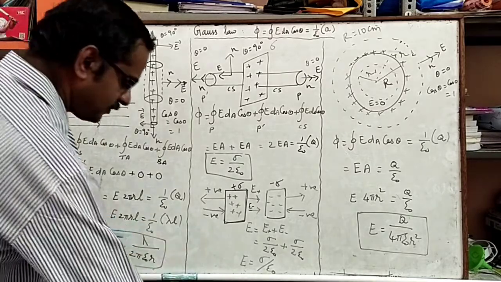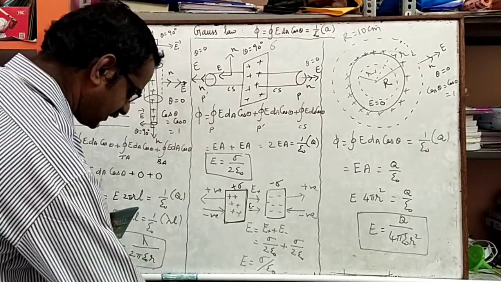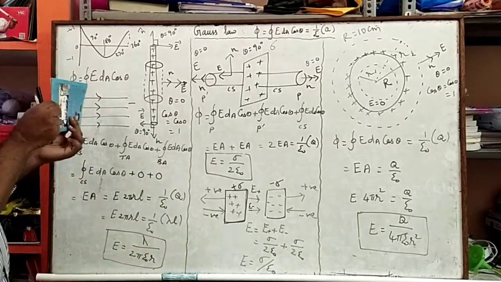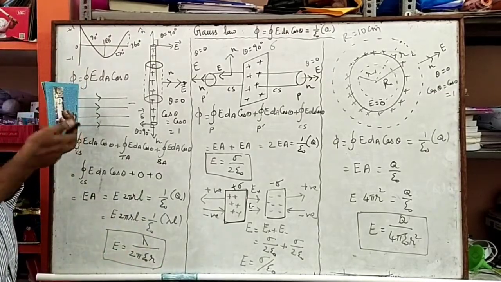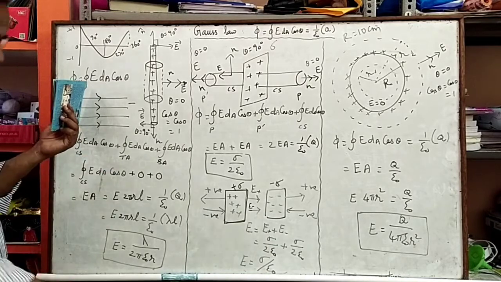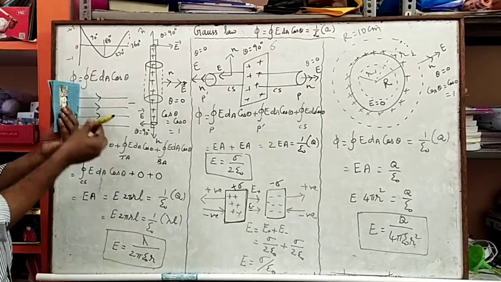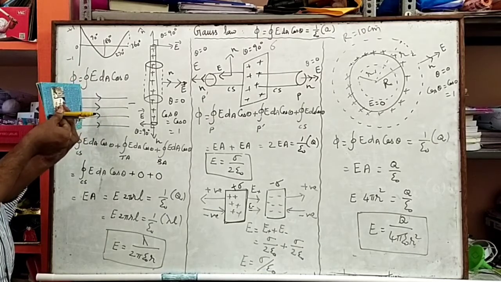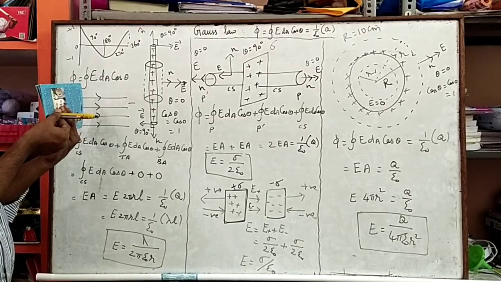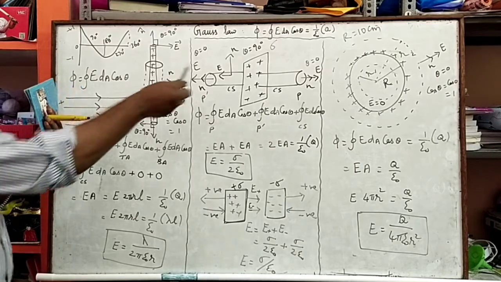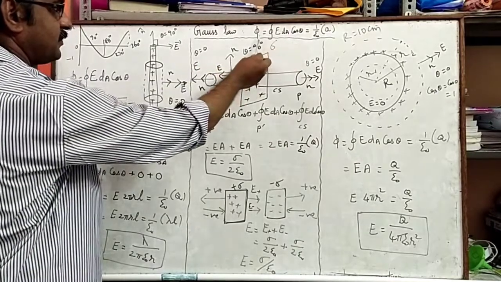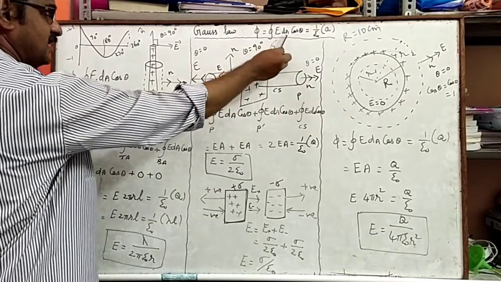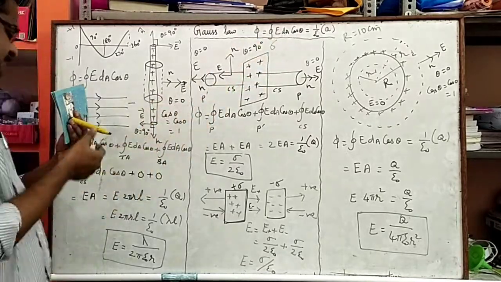Then, if the plate is kept this way, area is imagined this way, then this is the direction of electric field, and normal is also in the same direction. Then theta is equal to 0. If theta is equal to 0, then phi is equal to only EA. Integral dA is equal to A. Theta is equal to 0.